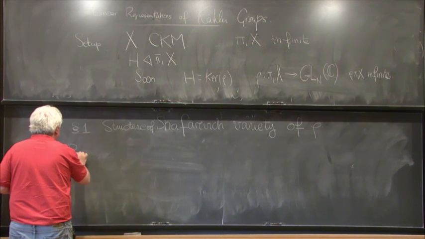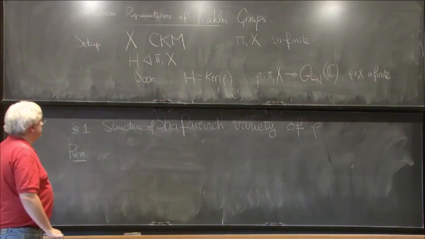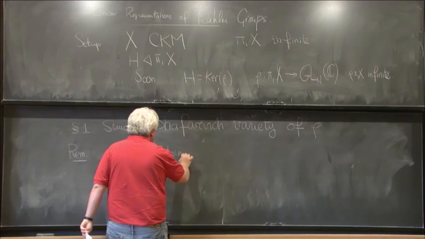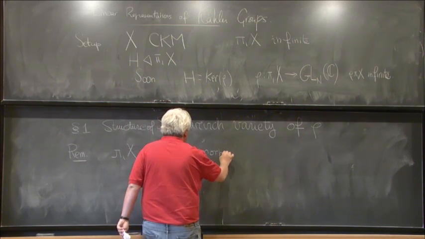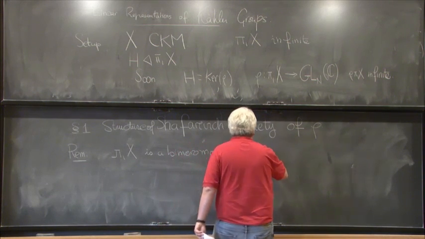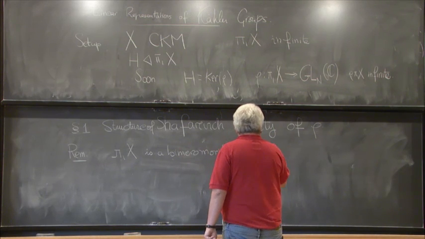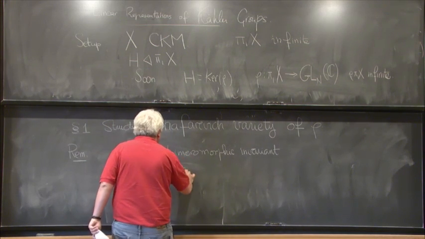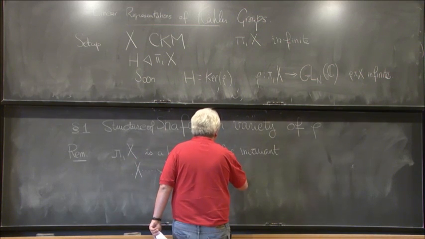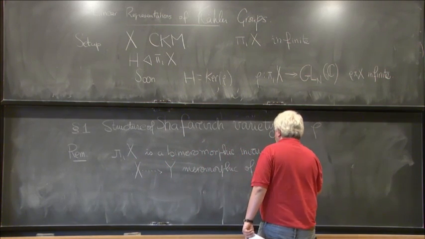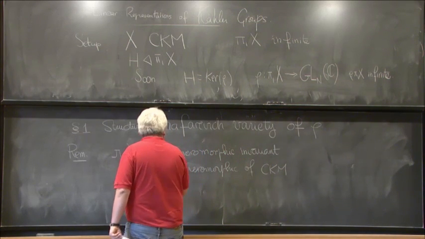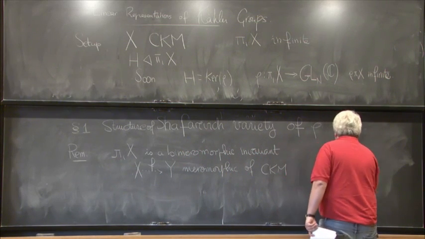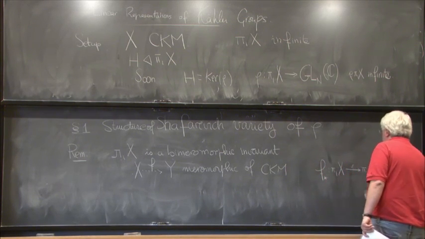The first remark is that the Shafarevich variety is a bimeromorphic invariant, and that in particular, when we have a meromorphic mapping F of compact Kähler manifolds, we have an induced morphism at the level of the fundamental group.